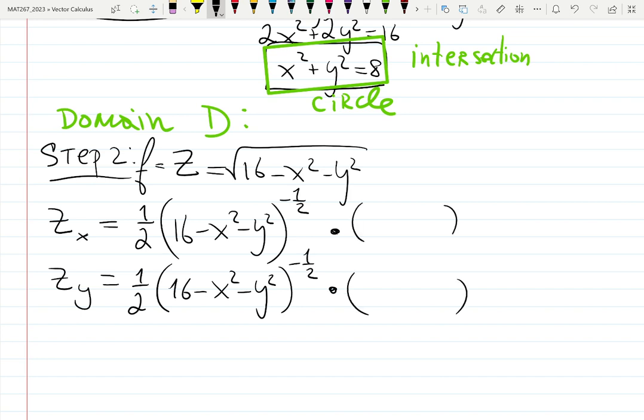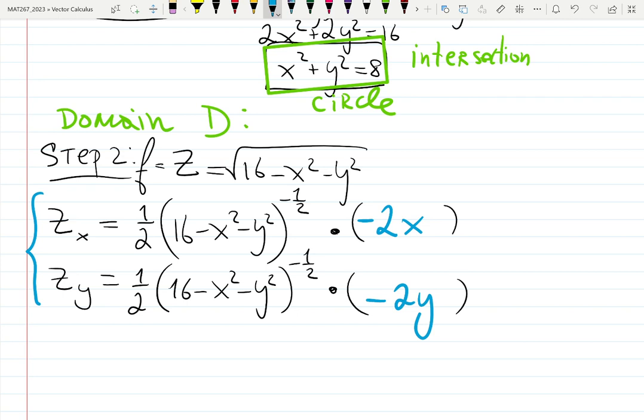And that's when you know it matters with respect to what to differentiate. 16 minus x squared minus y squared with respect to x gives you negative 2x. And then the other one is negative 2y. Amazing. So that's basically the whole difference.